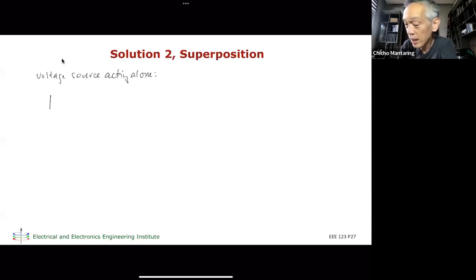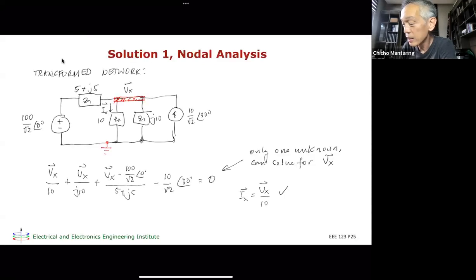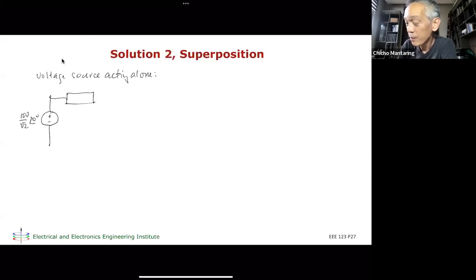So this is now my voltage source, 100 over the square root of 2 at an angle of 0 degrees. This is 5 plus J5. This, I'll just label J1, and then J2, J2, and then J3.